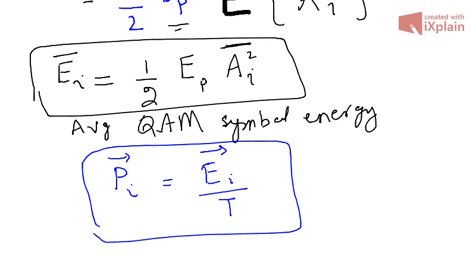Sometimes you may see S_i over here, so it's the same thing. If you see S_i, it's the average symbol energy, so we have the average symbol power. The notation should not confuse you. So this is our average power, or the expression for the average power of a QAM symbol.